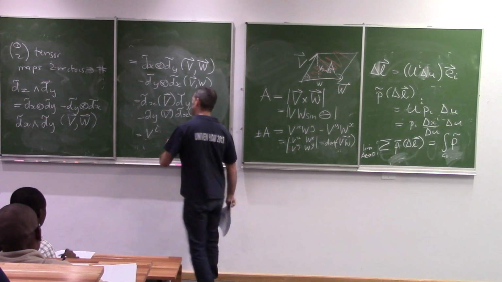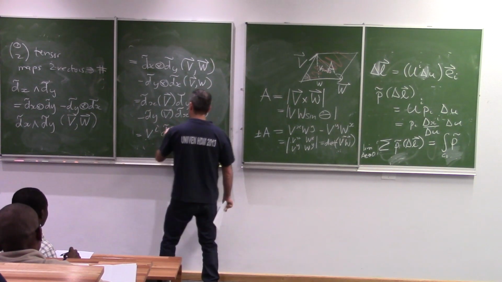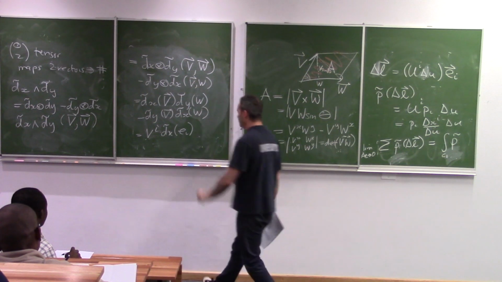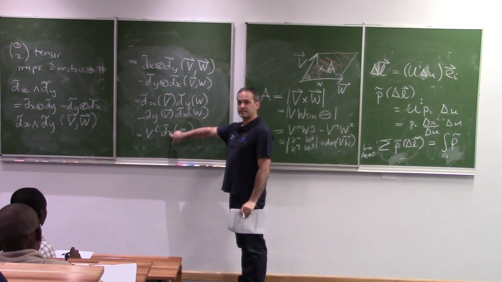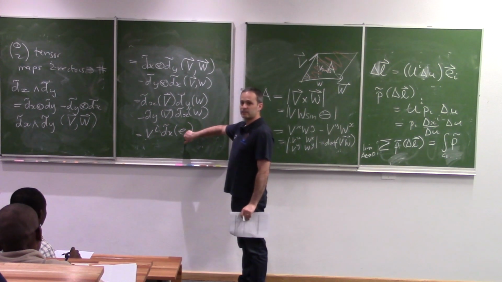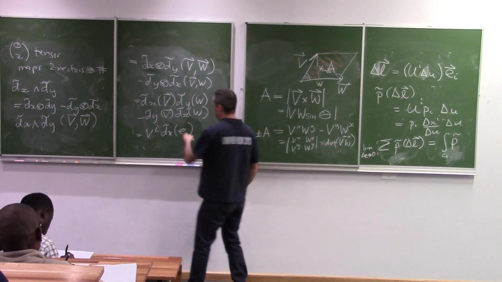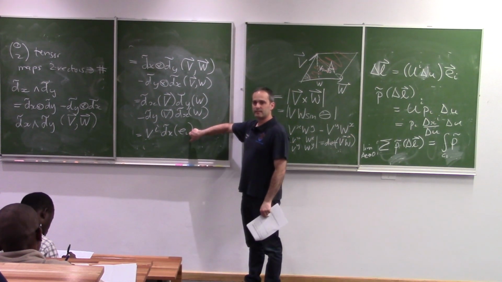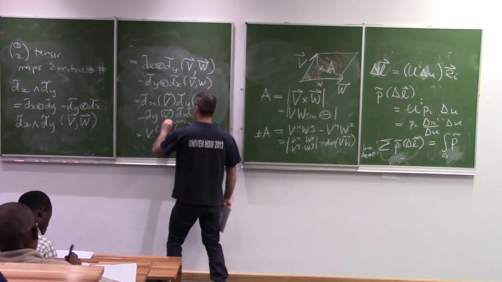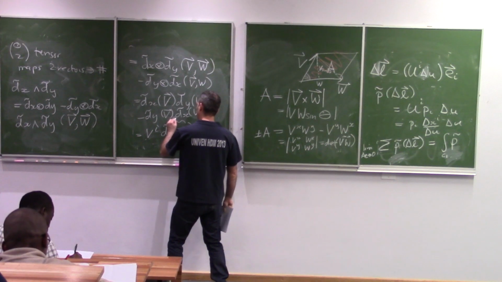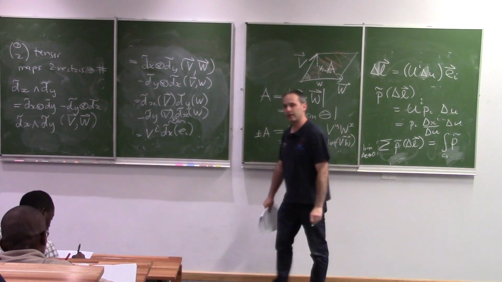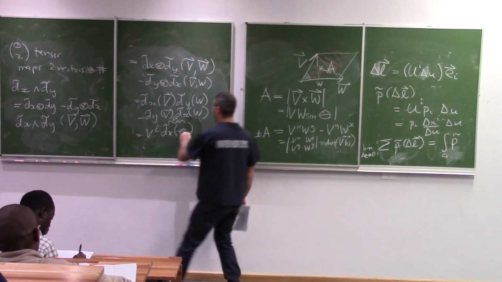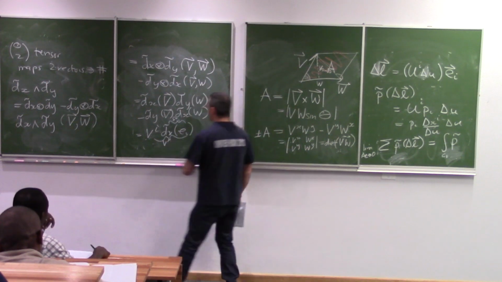And so, writing out v in components, it's going to be v^i dx acting on e_i. Now this is the one form in the x direction, so when it acts on e_i, it gives me 1 when i is equal to x and 0 when i is equal to y. So this is going to give me delta x i, and it just picks out the x component, so this whole thing is just Vx.